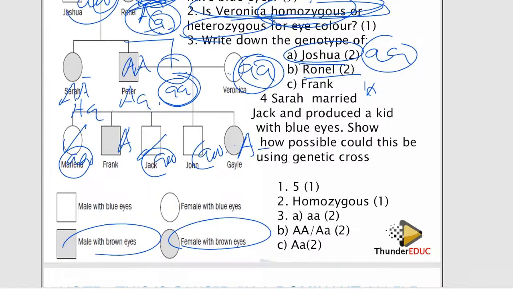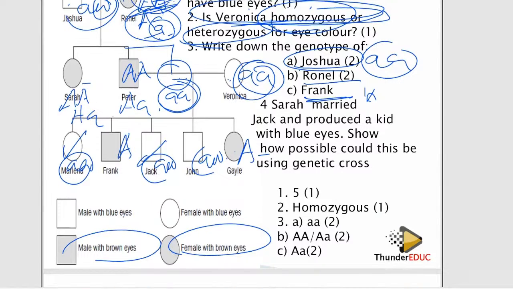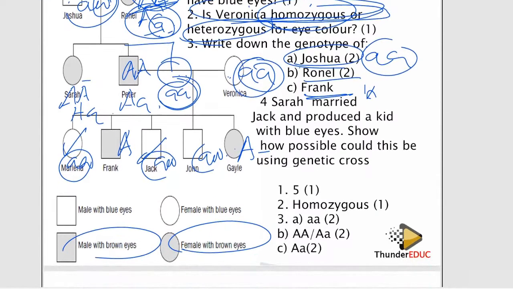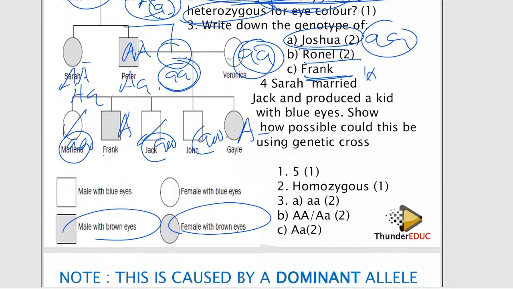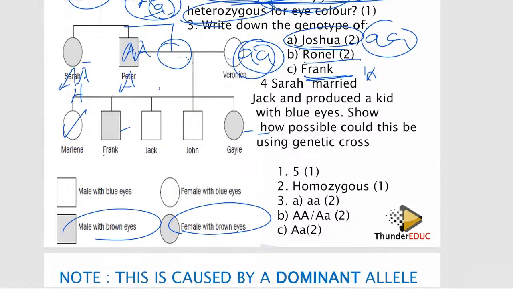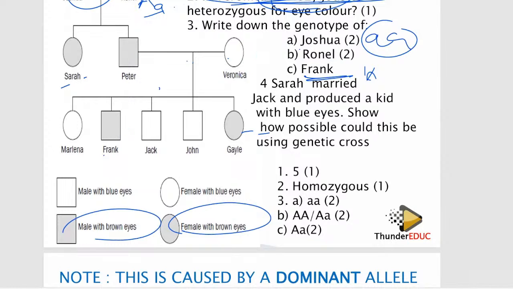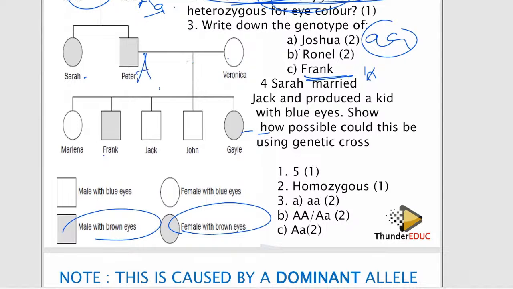Then we continue and we say that Frank. You're looking for the genotype of Frank. Frank is like this. However, don't forget that if Pira is capital A and Veronica is small a, remember they produced kids who are non brown eyes.